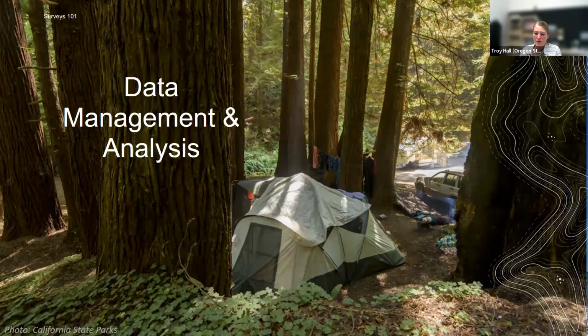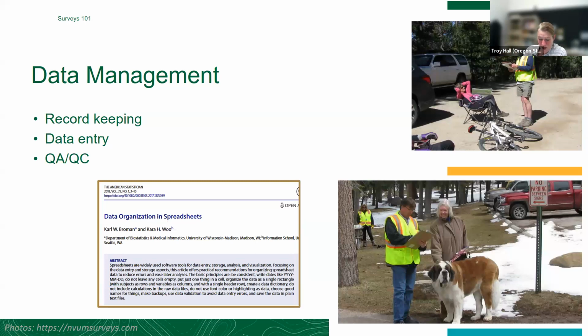All right, so let's turn now to data management and analysis, and a few things about this aspect of using surveys. Record keeping is really critical, and that includes some way of tracking non-response. If you don't know what your response rate is, you simply don't know how representative your data are.